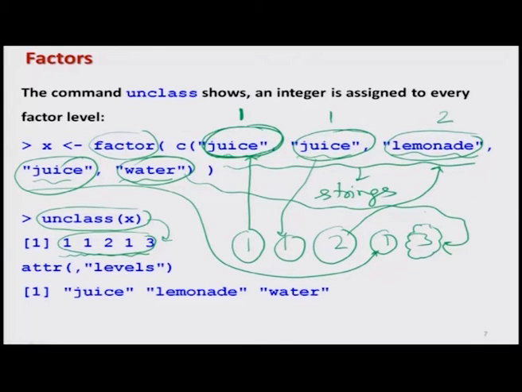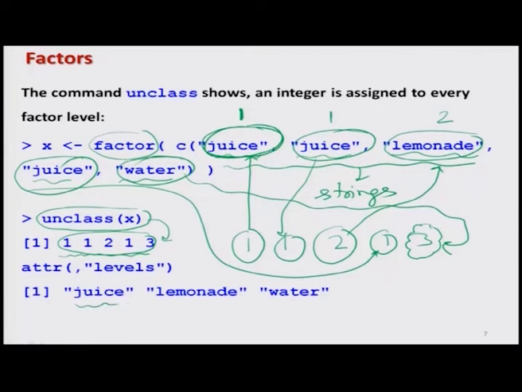So, if you try to see, R has automatically assigned a number to each of these words: juice, lemonade and water. And as we had discussed earlier, these labels are arranged in alphabetical order.